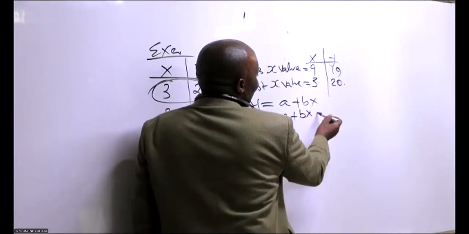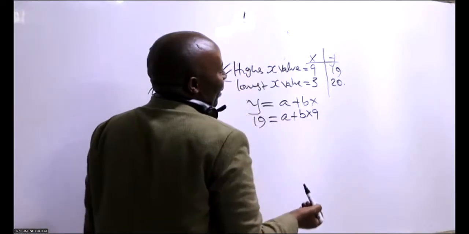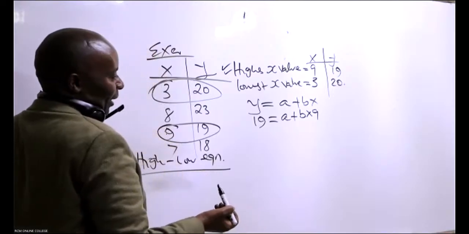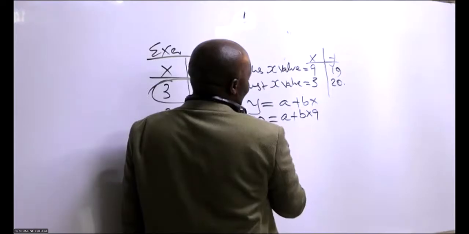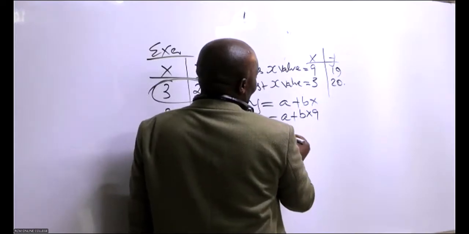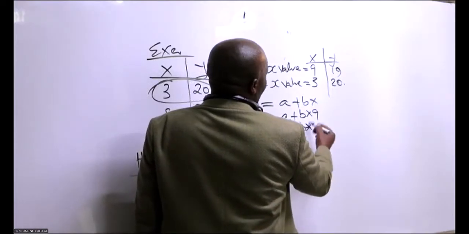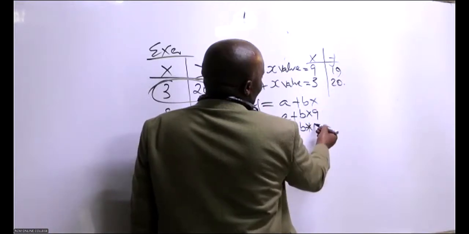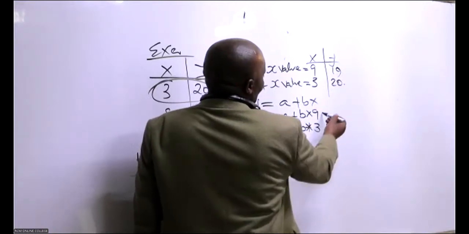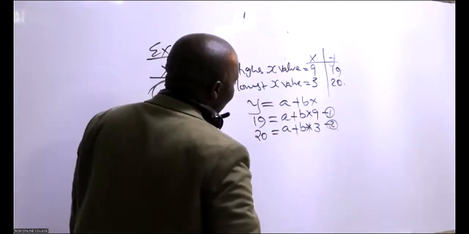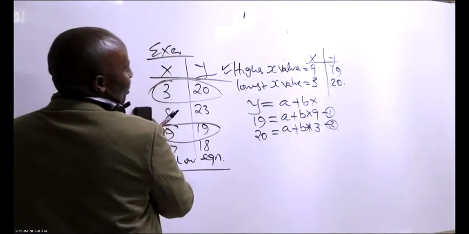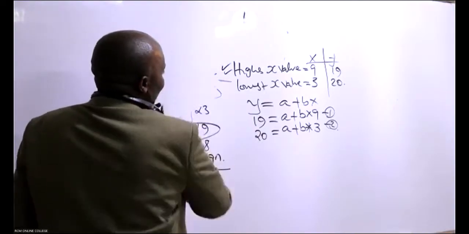So b times what here? 9. And then y, the second one, is 20, equals a plus b times x, which is 3. So this is 1, this is 2. Go ahead and rewrite them properly.